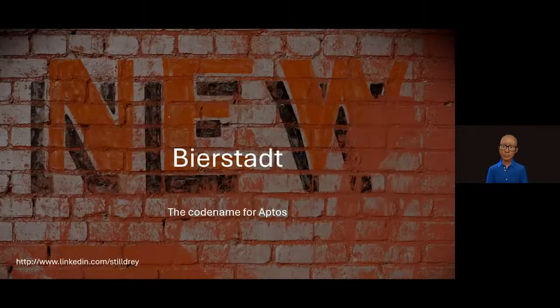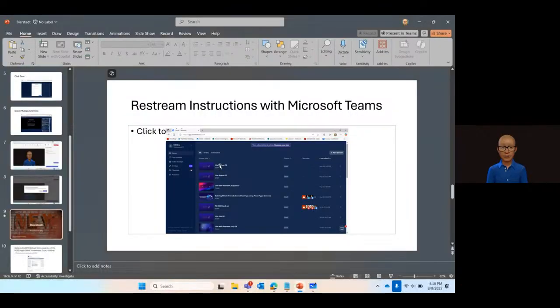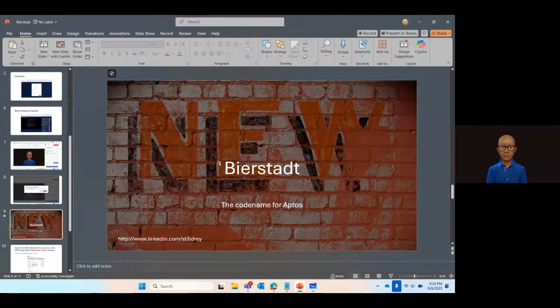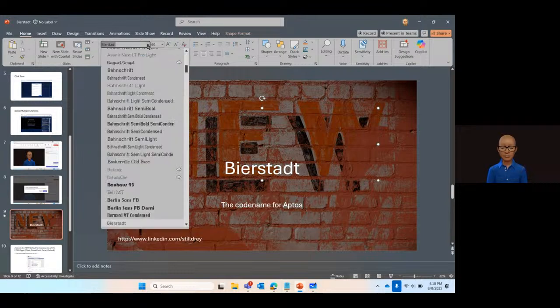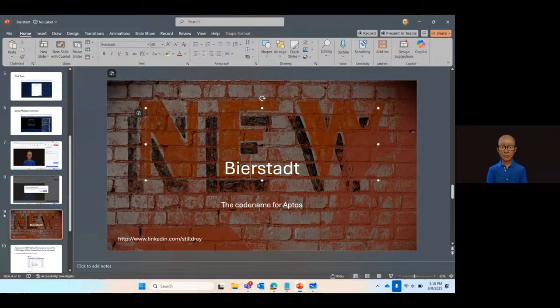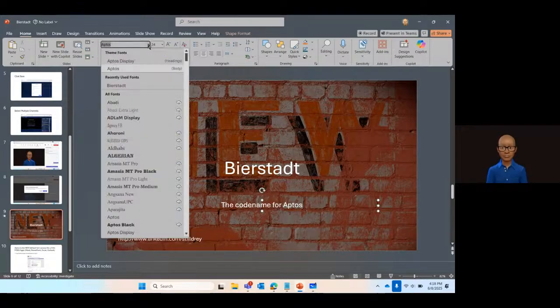So when we're in an application like PowerPoint, I get out of presentation mode here, keep my ink. What we can see when we highlight Bierstadt is that I'm actually using the Bierstadt font, which is still in the list from a standpoint of fonts that are supported. And then you'll notice the code name for Aptos is actually the Aptos font, which is one of the new fonts that Microsoft gave us to use.